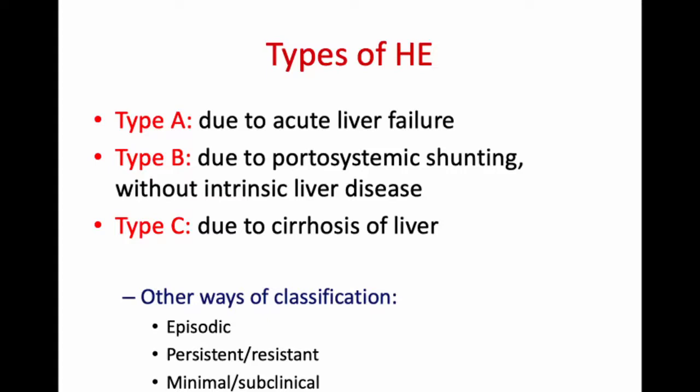And type C, again, is shunting with a bad liver, that is sinusoidal or post-sinusoidal portal hypertension. So in that situation also, the prognosis is poor because liver cell recovery can be limited. So this is how you classify hepatic encephalopathy, type A, B, C. But there are other ways also. You can call it episodic and continuous, persistent or resistant, minimal or subclinical, and so on. There are other ways to describe it also.